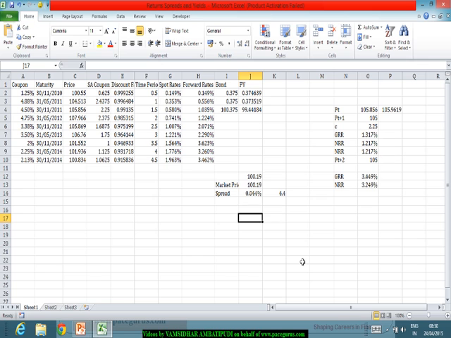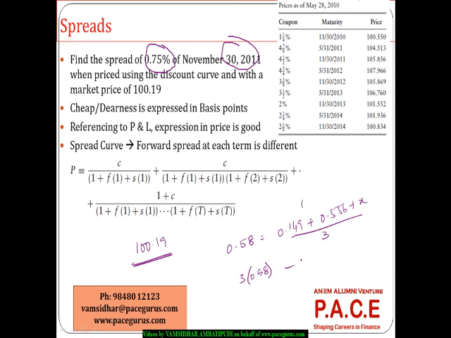Now this is what will say that the spread in this particular exercise for this particular bond is around 4.4 basis points. So the cheapness or the dearness of a particular bond is expressed in terms of the basis point.